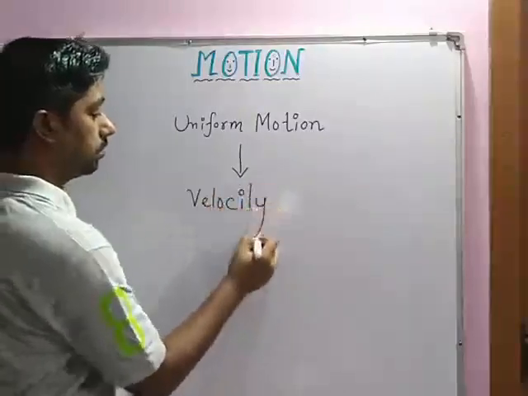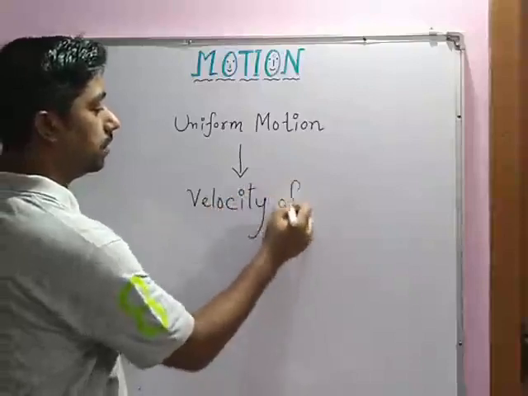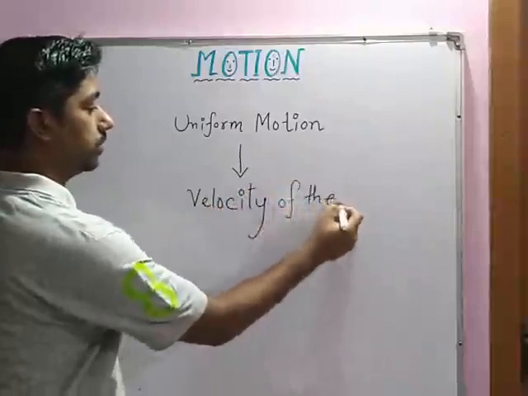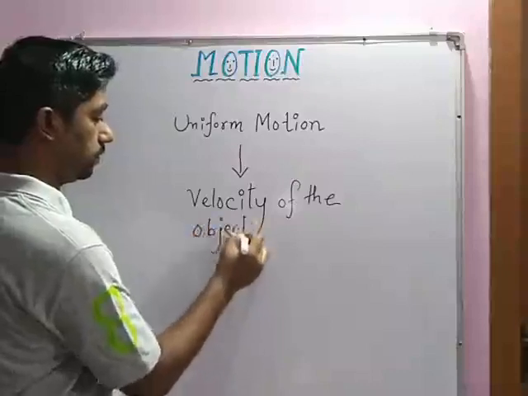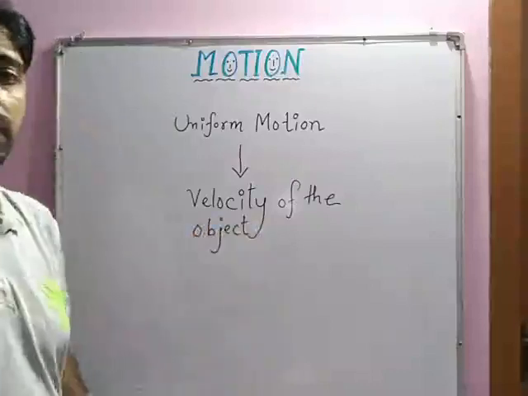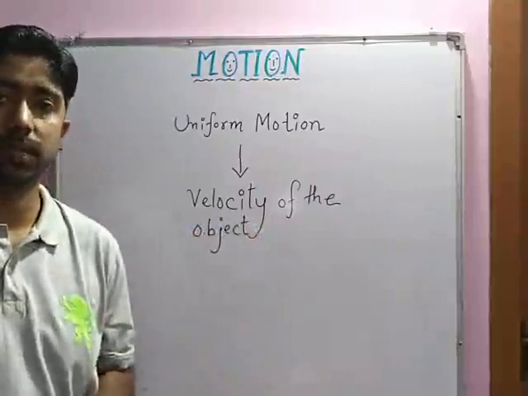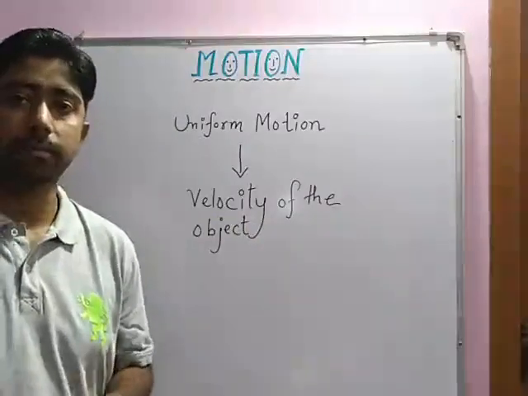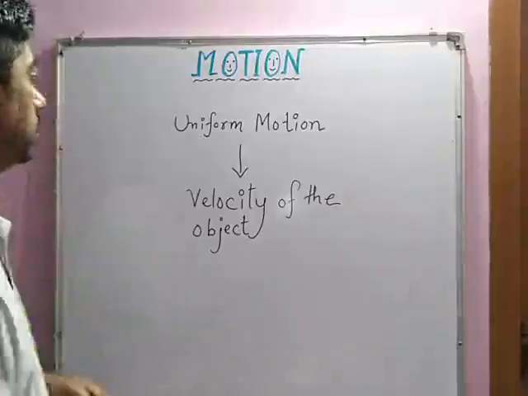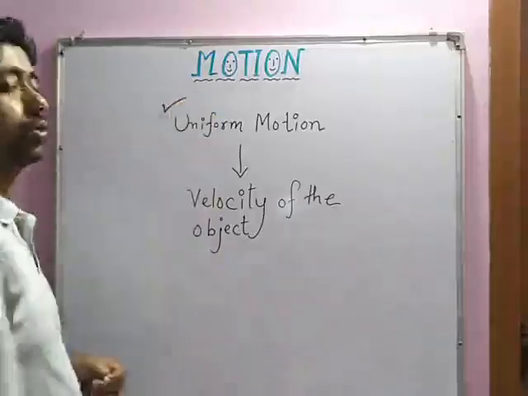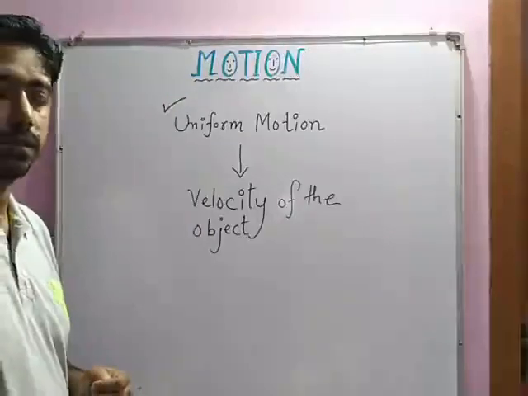Velocity of the object. If the velocity of the moving object remains same, then we term that type of motion as uniform motion. Okay.